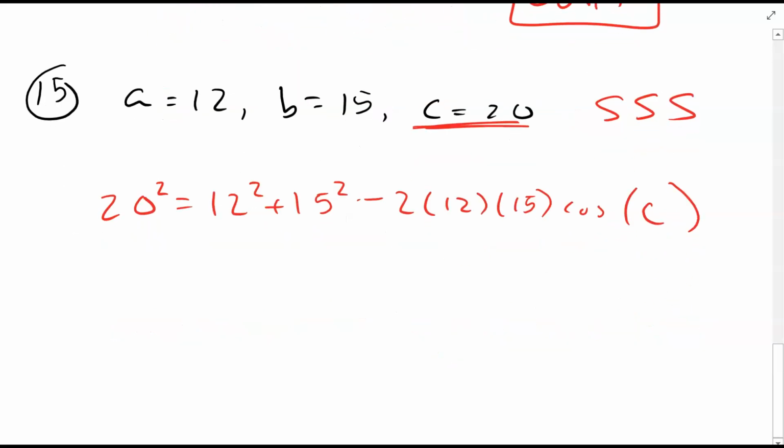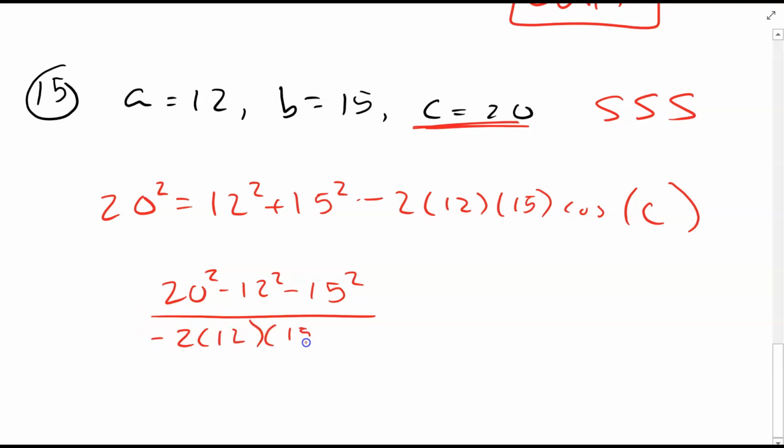To solve for angle C, I'm going to subtract 12 squared from both sides, and then subtract 15 squared from both sides, then divide by 2 times 12 times 15, and then take the cosine inverse.